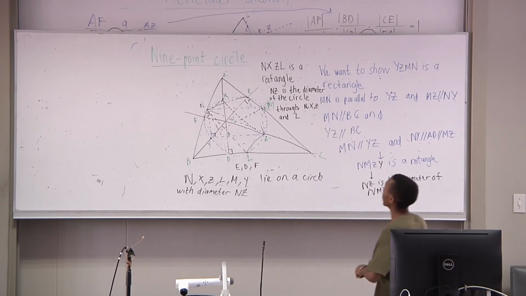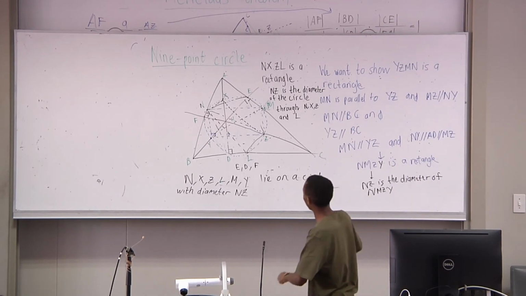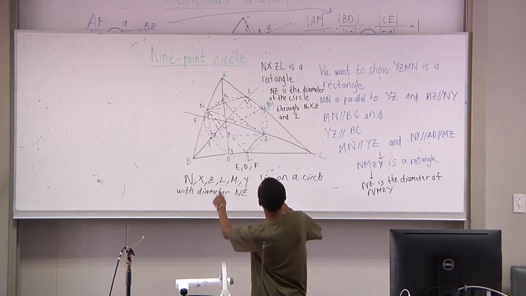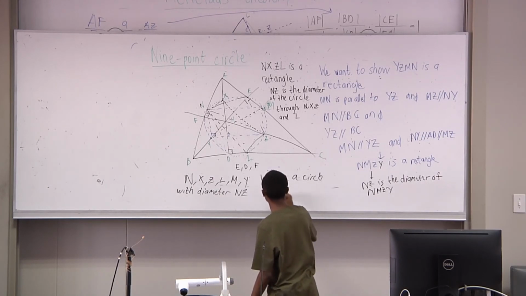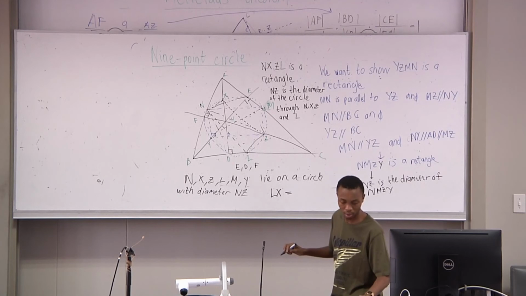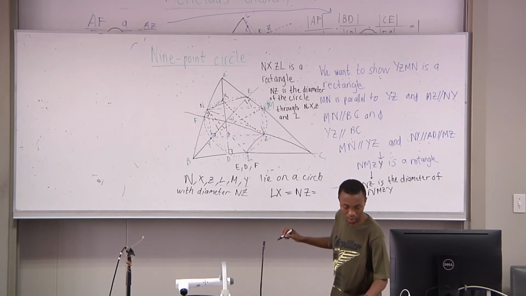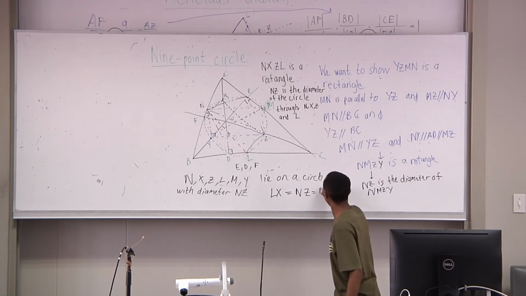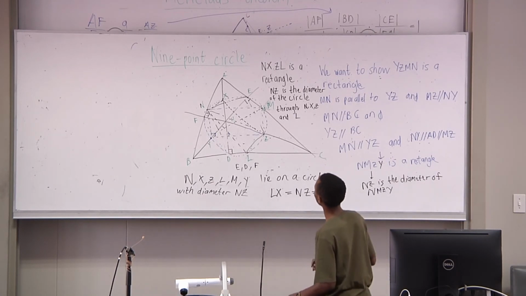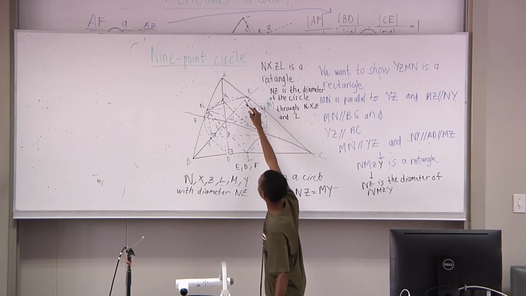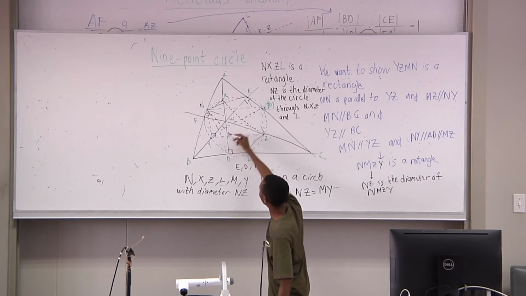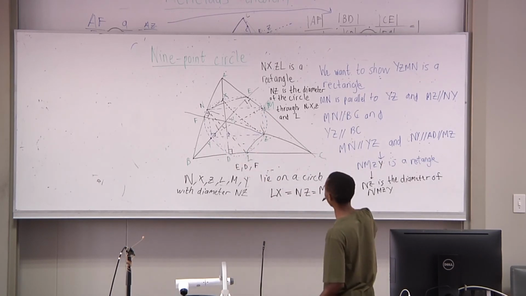Yeah, I just can't see properly what I've done here. Well, it also follows that, why did I write that? Oh, because these are also diameters, since that's 90 degrees and this lies there. So therefore, E is on the circle already.